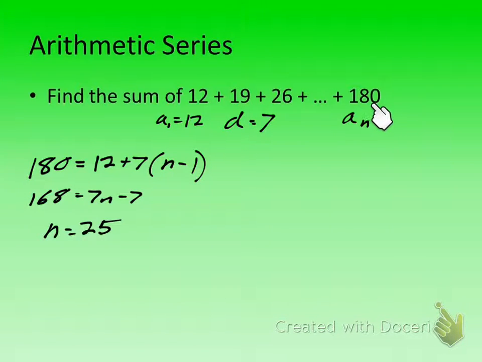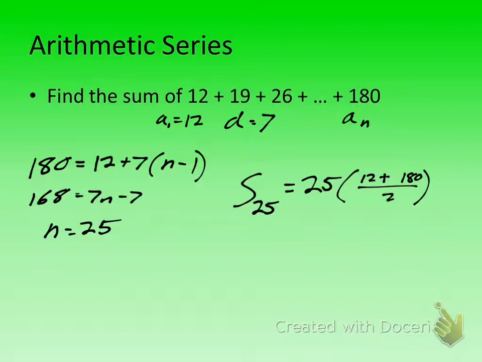So now we know that, which we need, because now we can use the formula we just learned and find the sum of those 25 terms. And the way you do that is 25 times a sub 1, which is 12, plus a sub 25, which is 180, divided by 2.